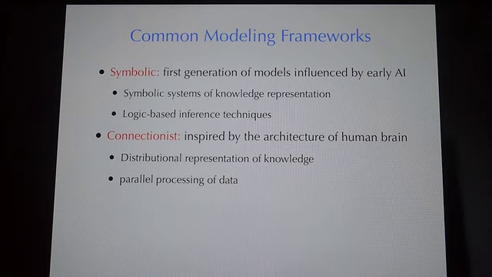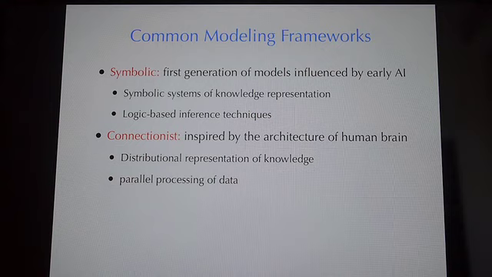This new wave was usually called connectionist or artificial neural network models. These were models that were originally inspired by the architecture of human brain, although very loosely. And the main idea behind them was that instead of representing knowledge in the form of a set of symbols, knowledge was represented in a more distributed fashion and also was potentially processed in parallel, similar to what has been observed in human brain.